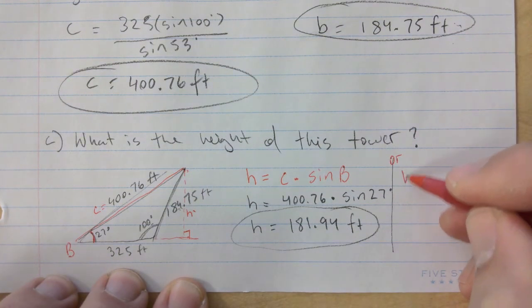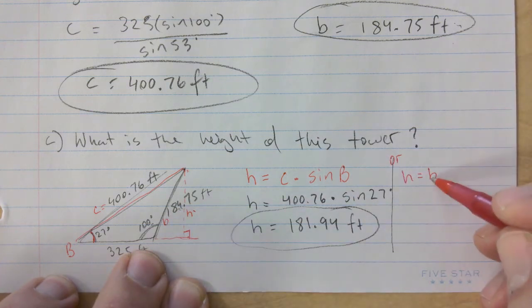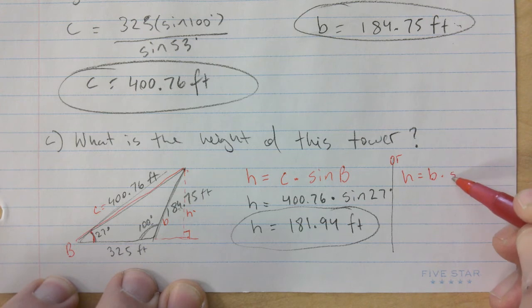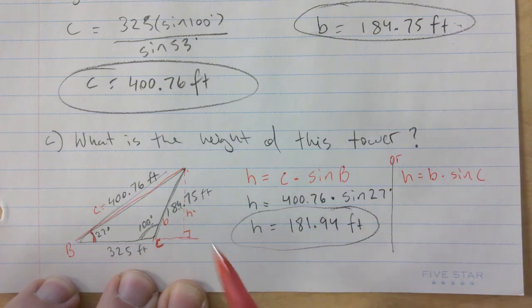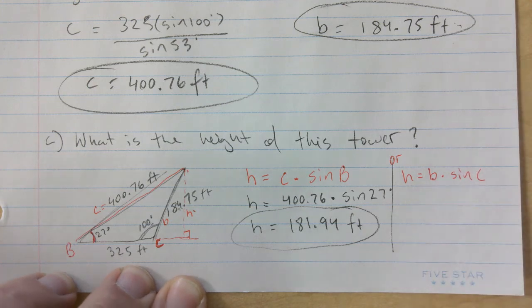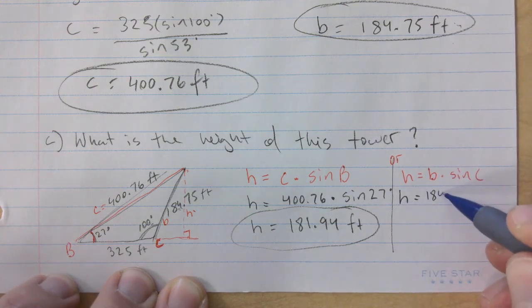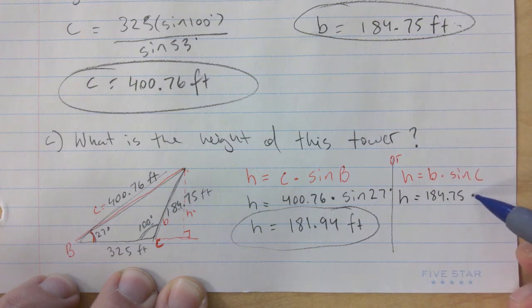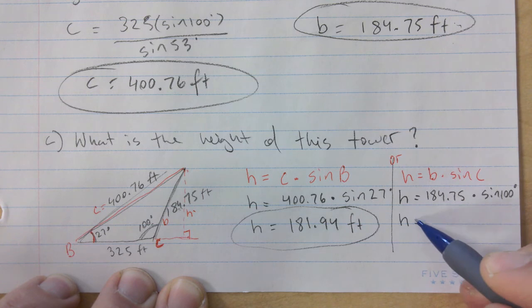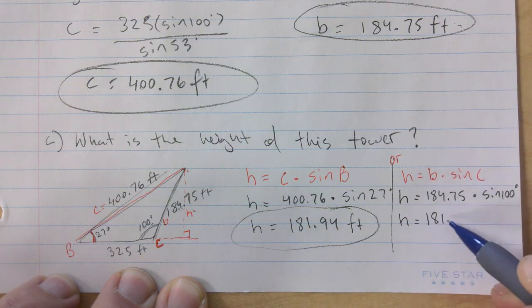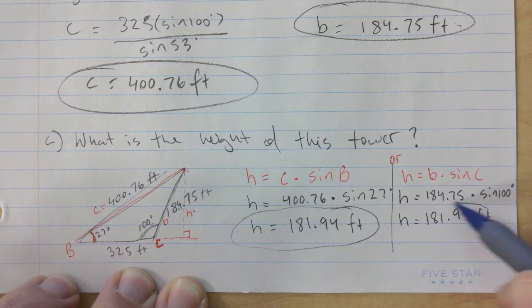Or we call this b here, B times sine of c. We call this c here above in that original. H is going to be 184.75 times sine of 100. And you get 181.94 feet as well.